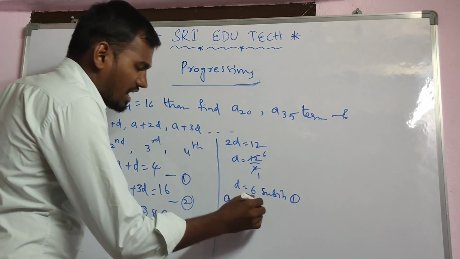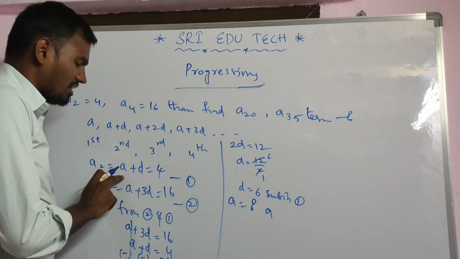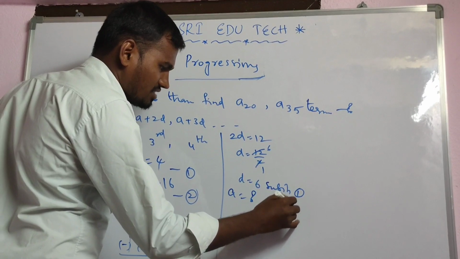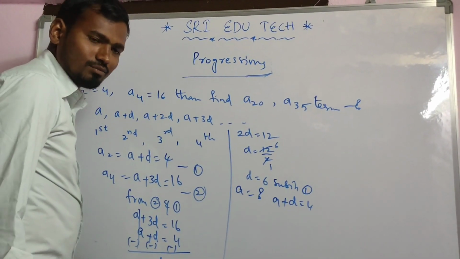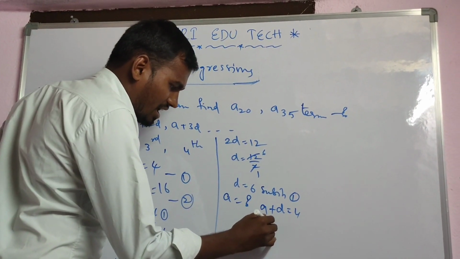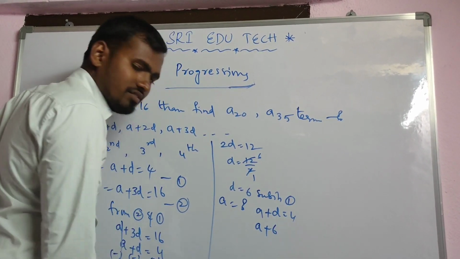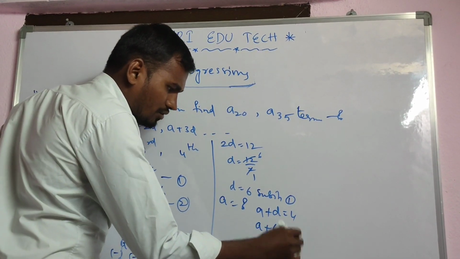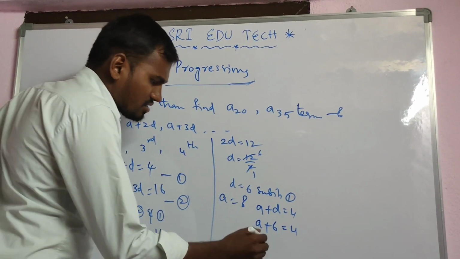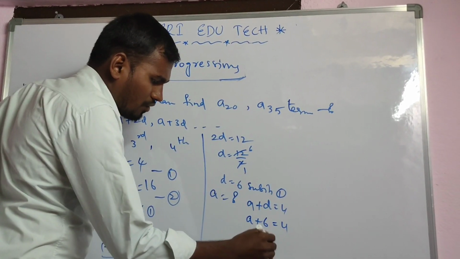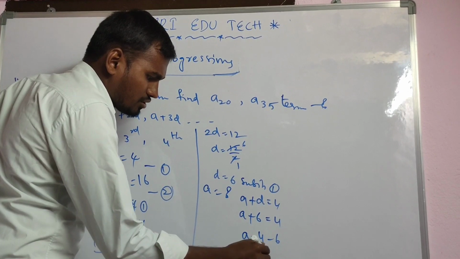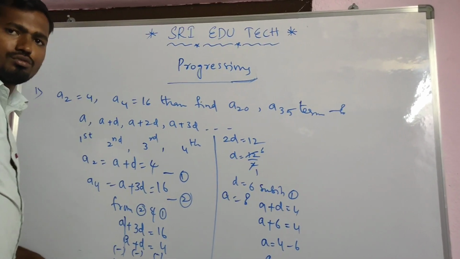Okay? Let's see, what is 1? A plus D is equal to 4. Okay? Right, then A, write on the other side, D, you know already, D means what? 6 is equal to 4. Right? So then A is equal to what? 4 minus 6, that is equal to minus 2.